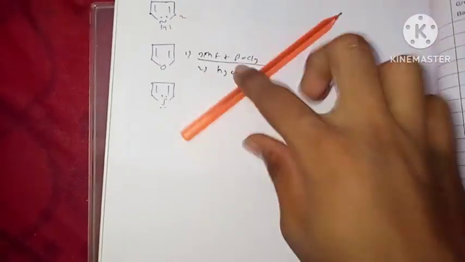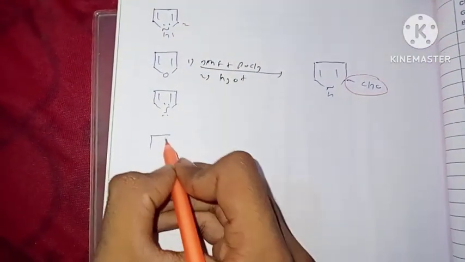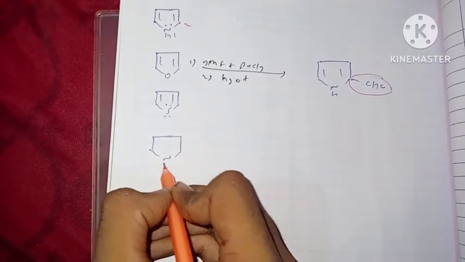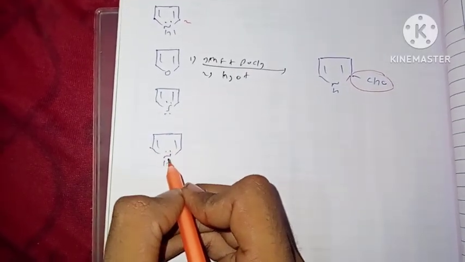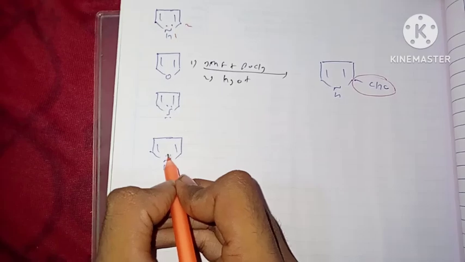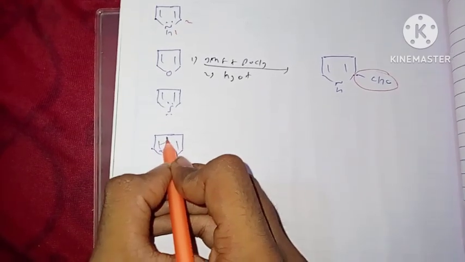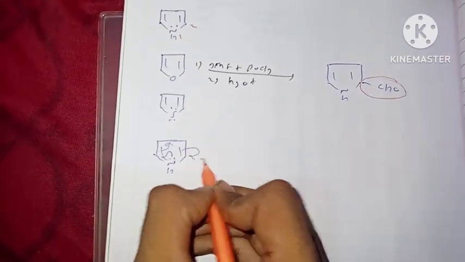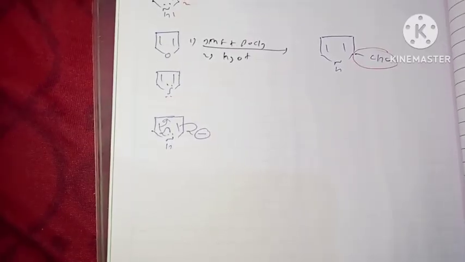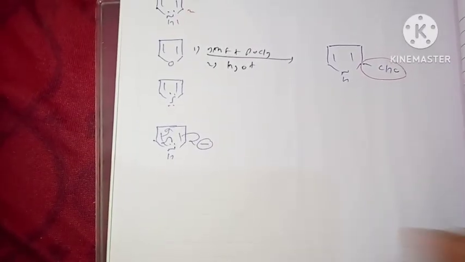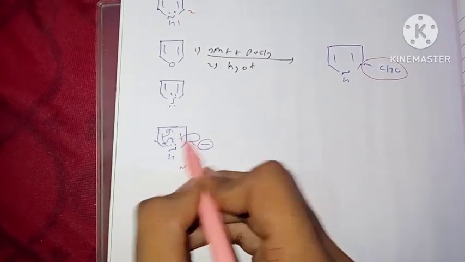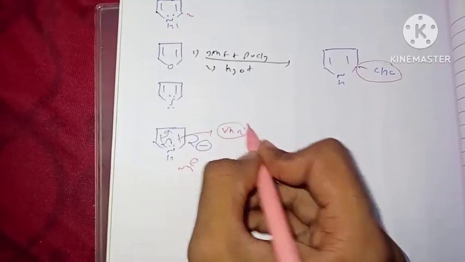Because we saw the resonance structure of pyrrole, the lone pair is shifted over here, so this double bond is going to be here, and here it creates a negative charge, and this acts as a nucleophile, and this attacks our Vilsmeier-Haack reagent.